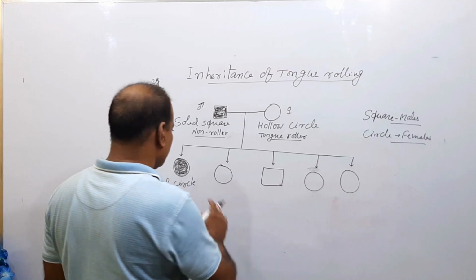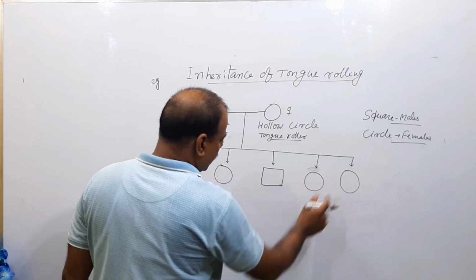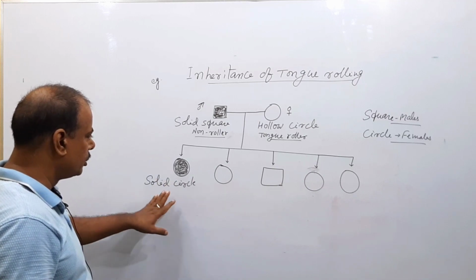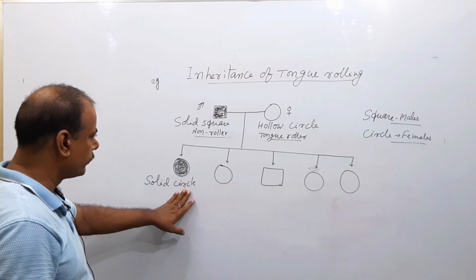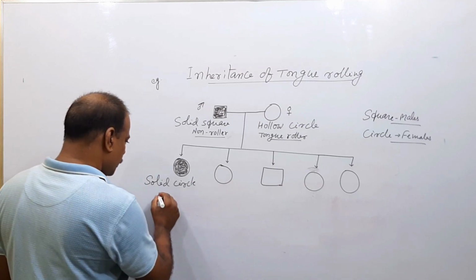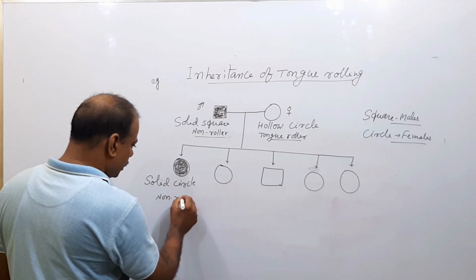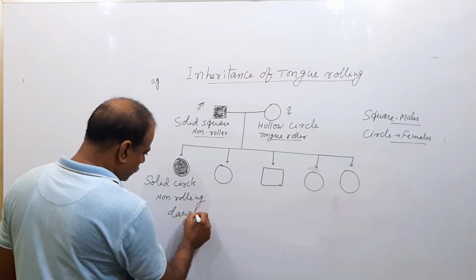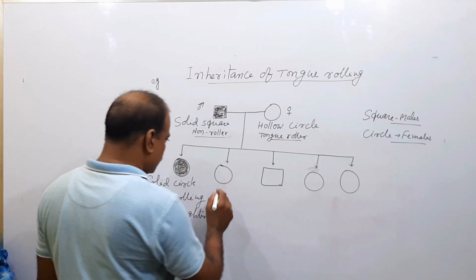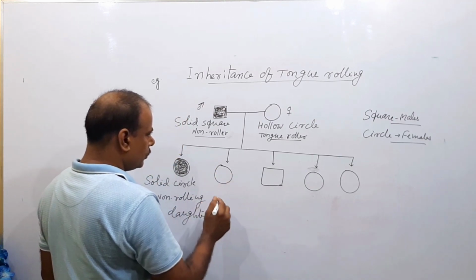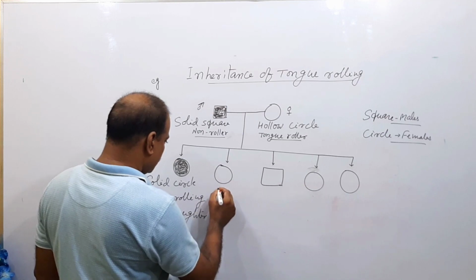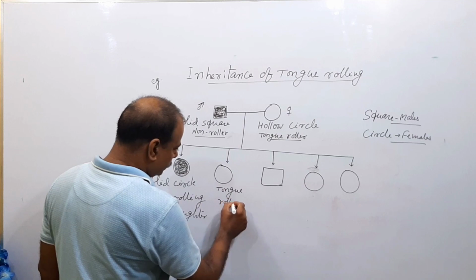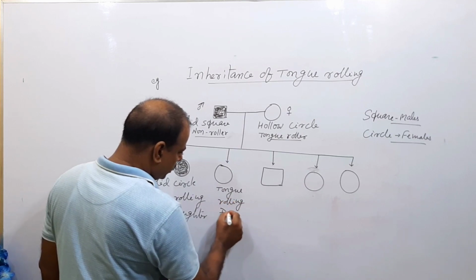After crossing, there are 1, 2, 3, 4, 5 children as progenies. Here again, solid circle shows the non-rolling daughter, whereas this hollow circle is the tongue rolling daughter.